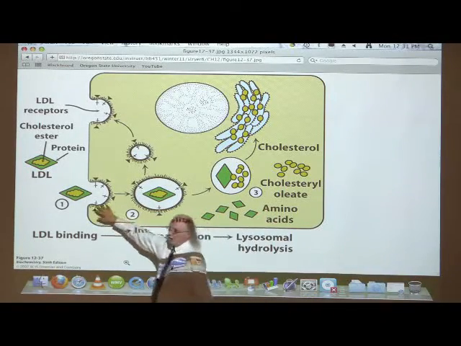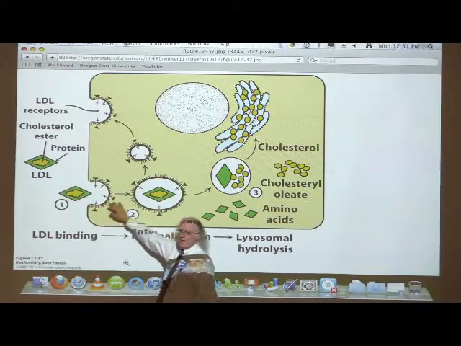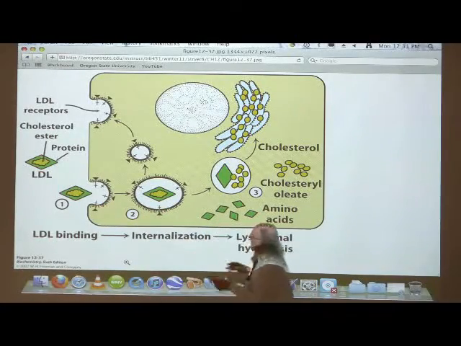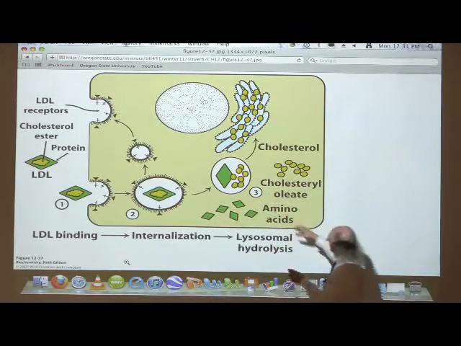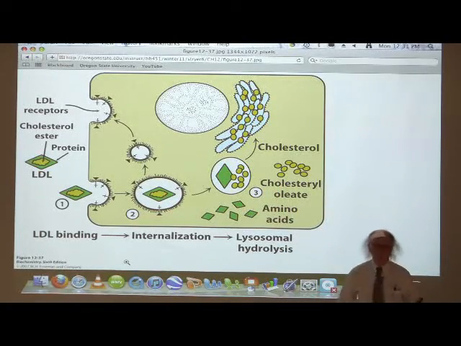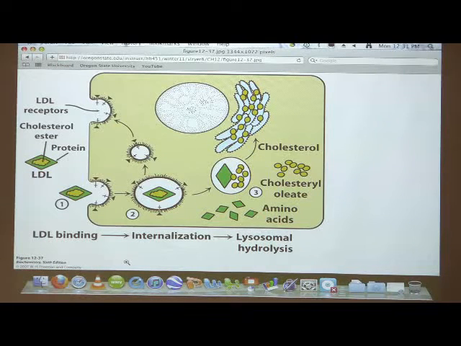There's the receptor part of it. So receptor-mediated endocytosis brings LDLs physically into the cell, and then that gets broken down and the various components distributed across the cell as the cell needs things. Okay, and as I said, I will say more about cholesterol and this process later in the term as well.